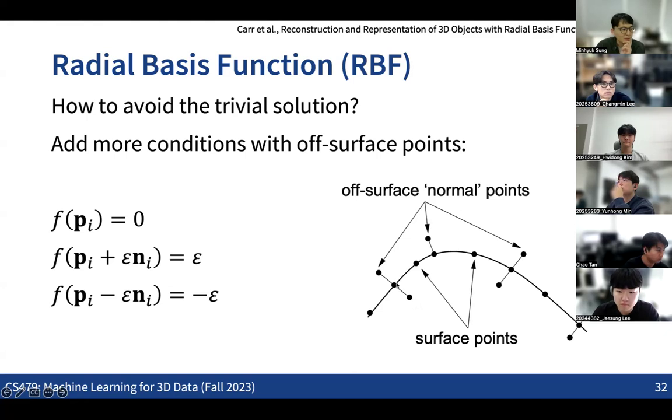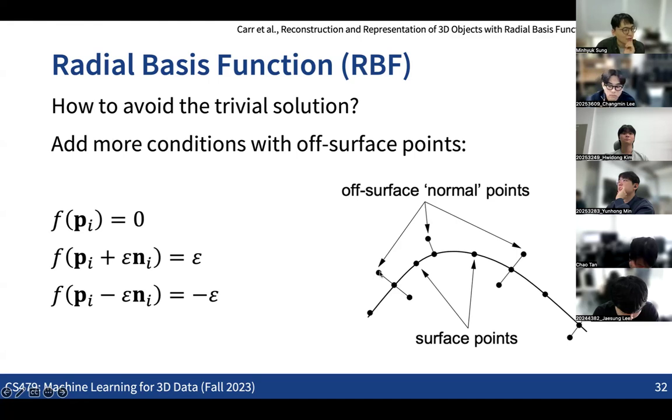And then we assume that the signed distance value at these off-surface points should be the distance from the point that we take to the surface. So let's say we take this point, and these two are the off-surface points, right? Let's say this one is outside of the surface, and this one is inside of the surface. It also depends on how we define the signed distance function.